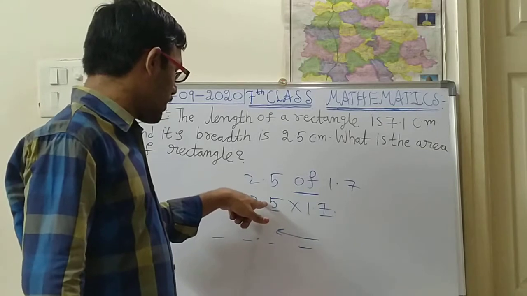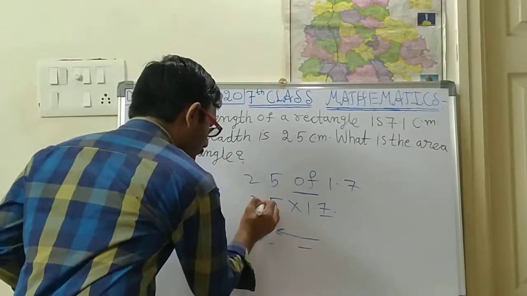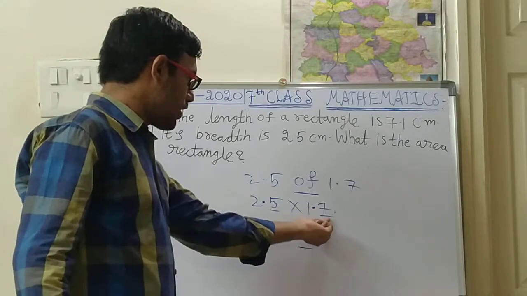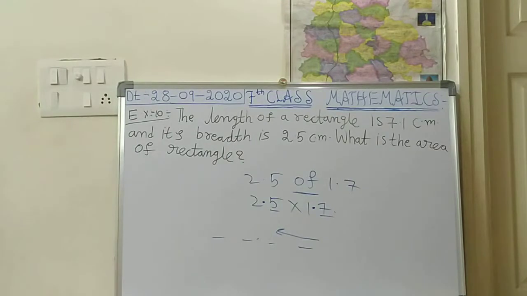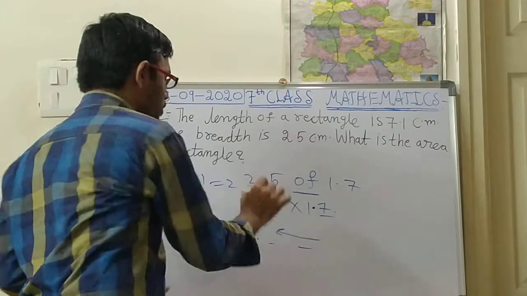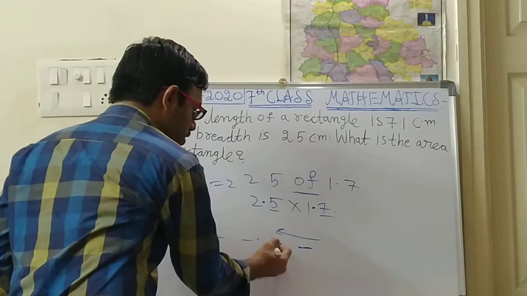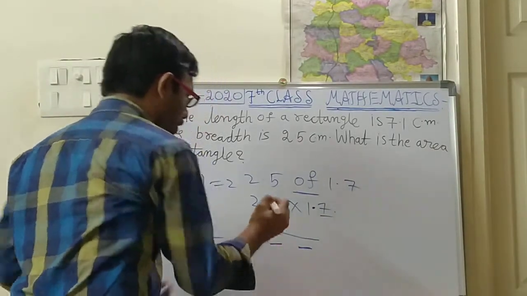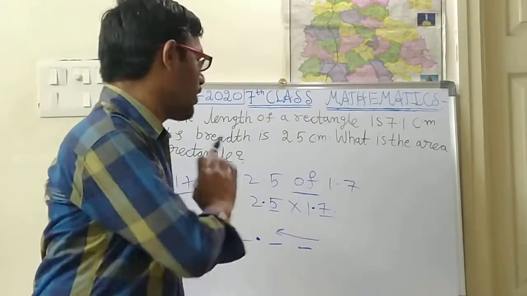Here after the decimal one digit is there, and here after the decimal one more digit is there. 1 plus 1 is 2. So this is one place, this is the second place. After two places you are supposed to keep the decimal point and write the full number. I think you have understood this one.